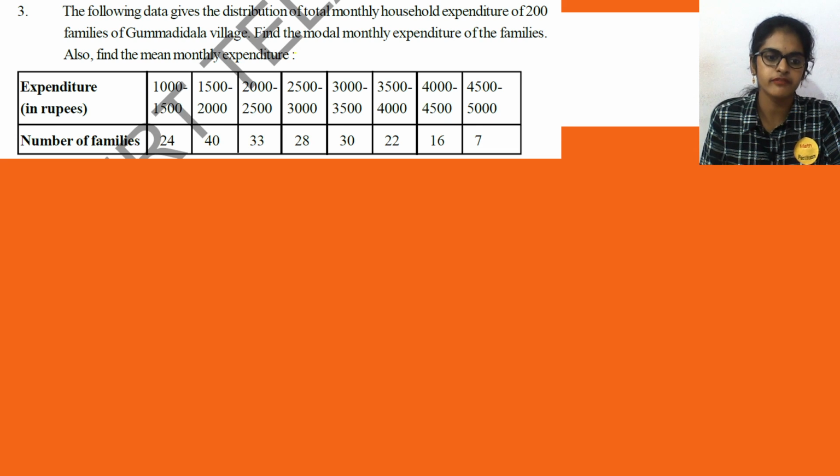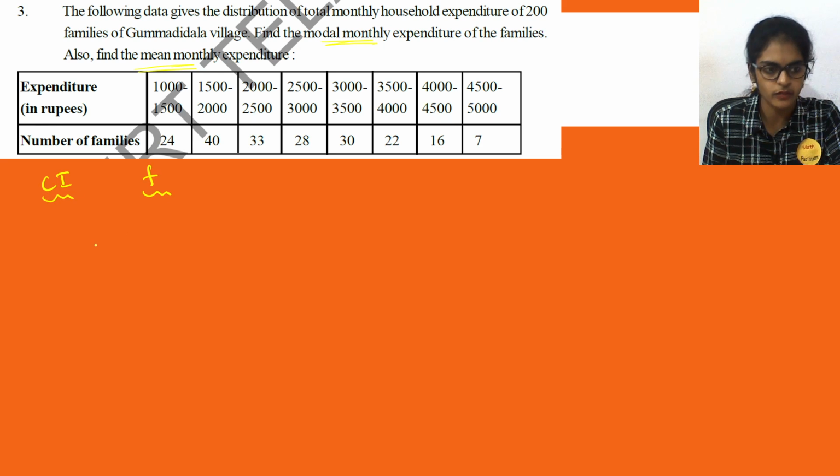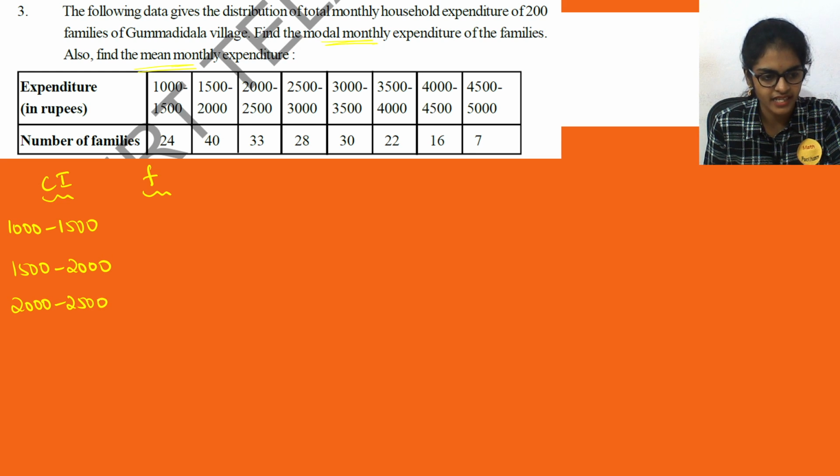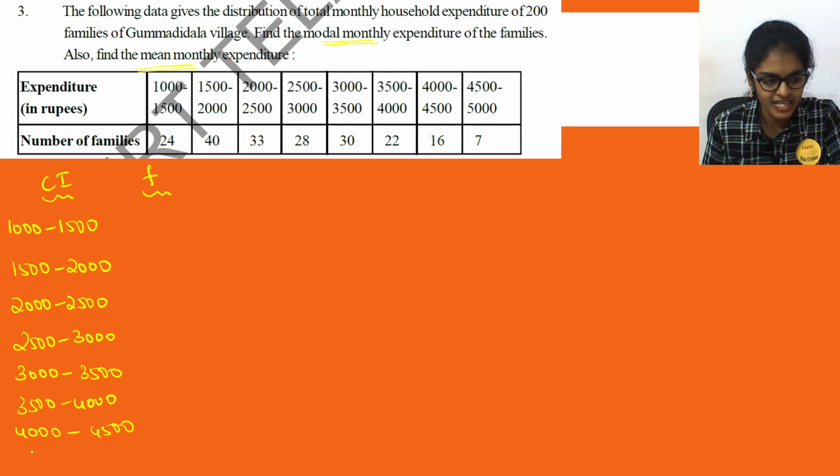Here again you will have to find modal monthly expenditure and mean monthly expenditure. Okay, so firstly let us find mode. Class intervals: 1000 to 1500, 1500 to 2000, 2000 to 2500, 2500 to 3000, 3000 to 3500, 3500 to 4000, 4000 to 4500, and the last one is 4500 to 5000.